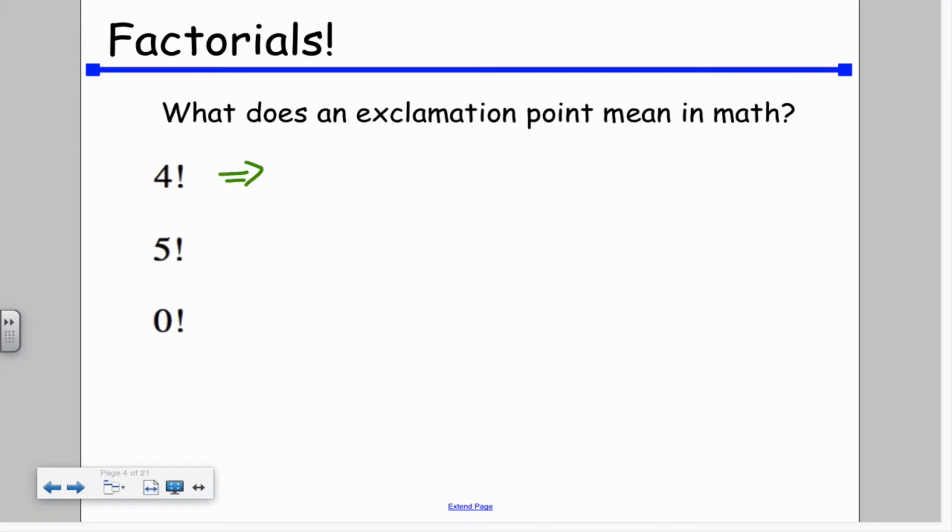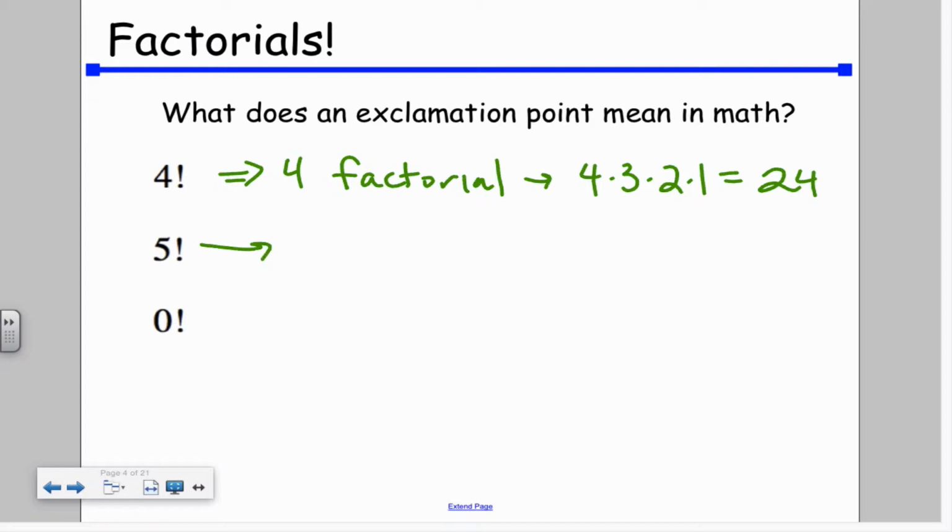We pronounce this as 4 factorial, and that means we're going to do 4 times 3 times 2 times 1, which is just 24. So with 5 factorial, we would do 5 times 4 times 3 times 2 times 1, which would just be 120.